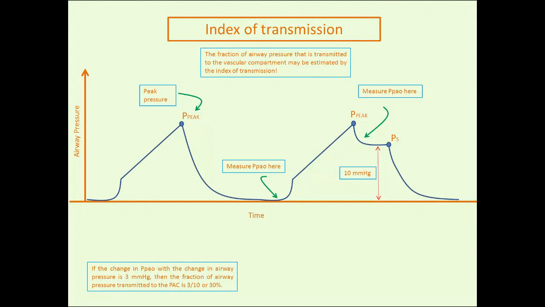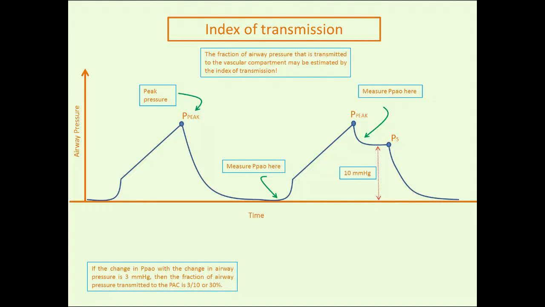So this index of transmission can change in a given patient over literally minutes or hours. So you can't just do this index of transmission on day 1 and apply the same number to the same patient the entire time. It's going to be a very dynamic variable. But it's a neat idea of applied physiology and how you can get a sense of how much of the ventilator pressure is being applied to the vascular pressures.